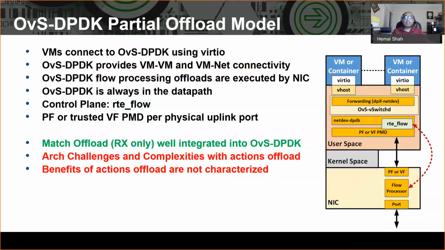The flow processing is handled in the user mode, and underneath for the packet layer communication, it uses DPDK poll mode driver, whether it's a physical function or a trusted virtual function that's being used to provide OvS connectivity to the physical uplink port. In this OvS-DPDK, the partial match offload has been well integrated.